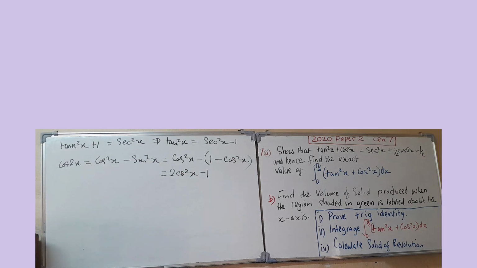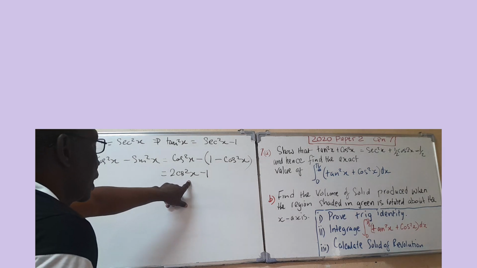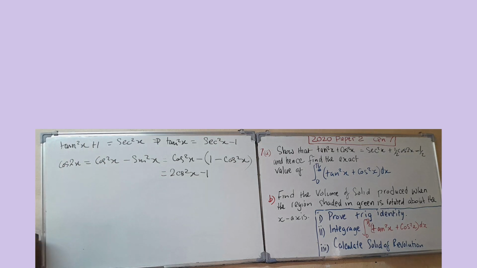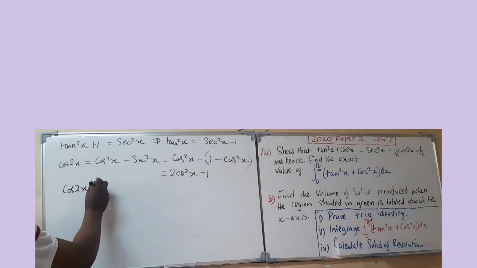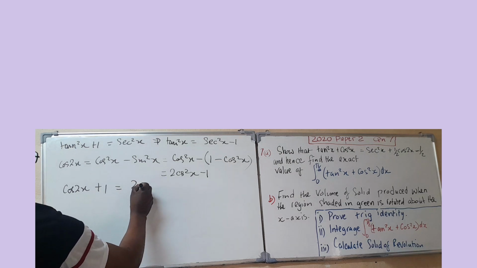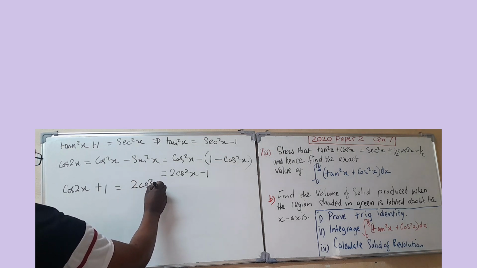Now, what we want to express in terms of cos of 2x is this cos squared x. We want to get rid of it. So we put our 1 over to this side. We will have cos of 2x plus 1, this one here, is equal to 2 cos squared x.